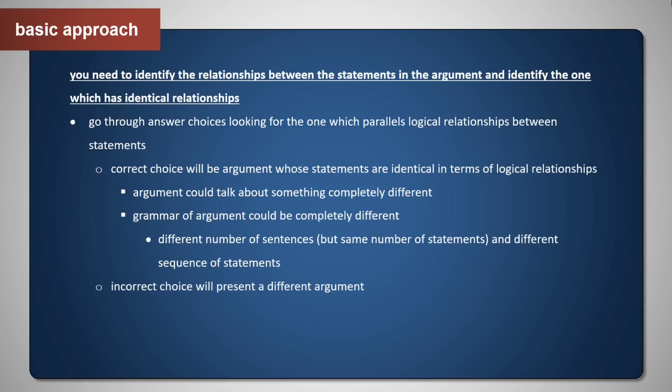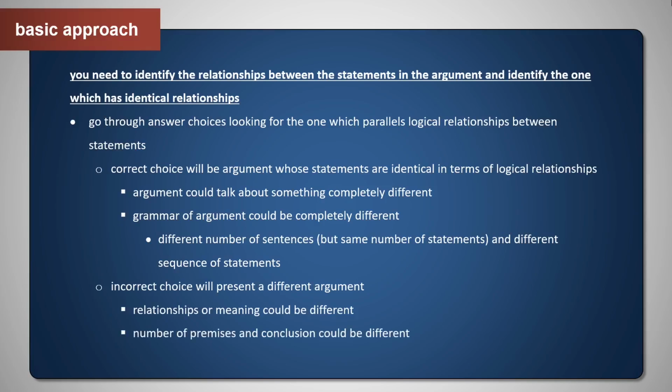The incorrect choice is just going to present a different argument. Either the relationships or the meaning could be different in terms of how they connect and what they're talking about. The number of premises, the number of conclusions could be different. If the number of statements is different, so not sentences, remember, you can have a different number of sentences but still have the same number of statements, then that's incorrect.